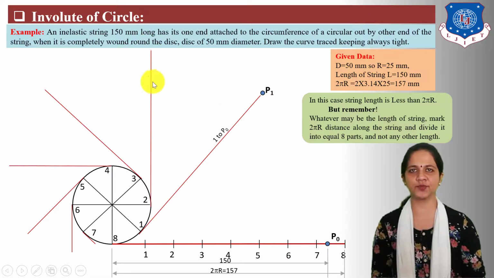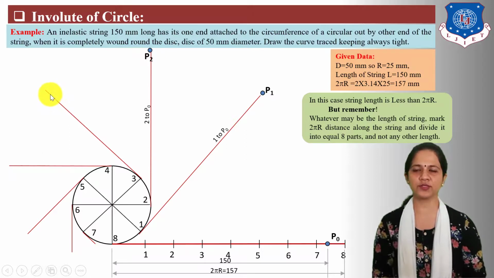For the P2 locus point on the second position of the string, take distance 2P0 and transfer the 2P0 distance on the second position of the string from point 2 and locate here the P2 point. For the P3 locus point, take distance 3P0 and transfer the 3P0 distance on the third position of the string from the third point and locate here the P3 locus point.